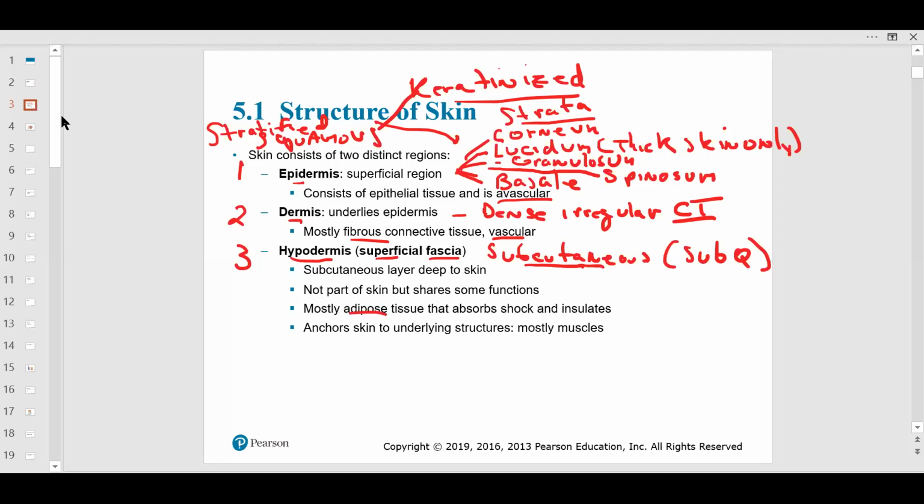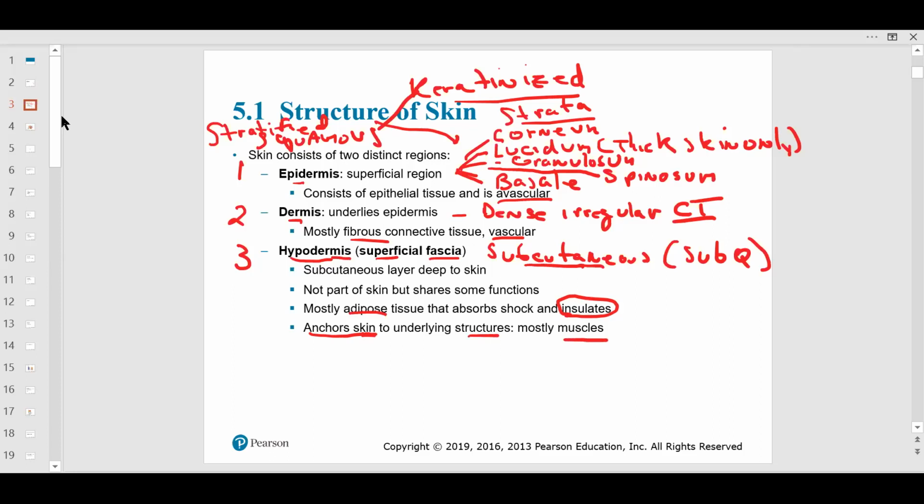Shock absorbing, stores those triglycerides, and insulation. Insulation is a good one when you think about where it is, below the skin, on top of organs, sometimes on top of muscles. So this is a good connection, like an anchoring of the dermis, which is the part of the skin, to other structures like muscles, right?